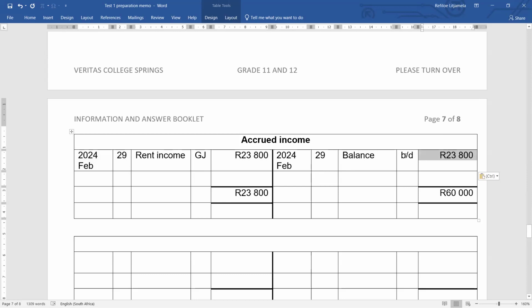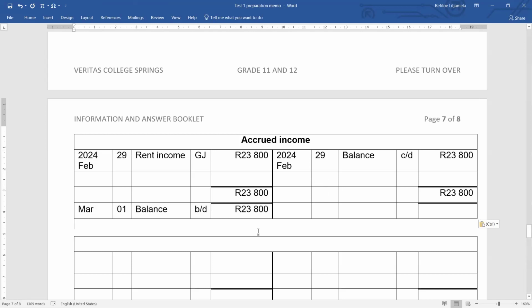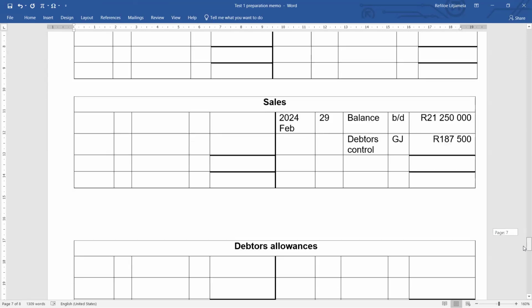My balance carried down for accrued income will be 23,800. My total will be 23,800. Because it is an asset, it will have balance carried down as well as balance brought down. It's basically income that we have earned, but we have not yet received.